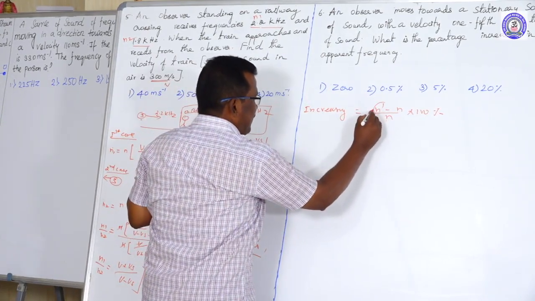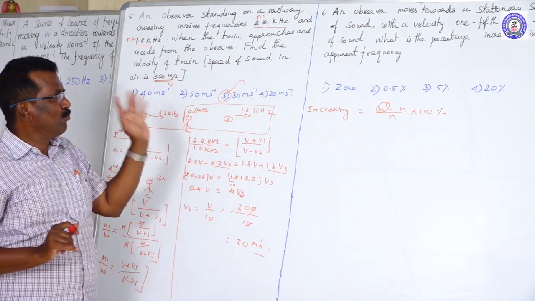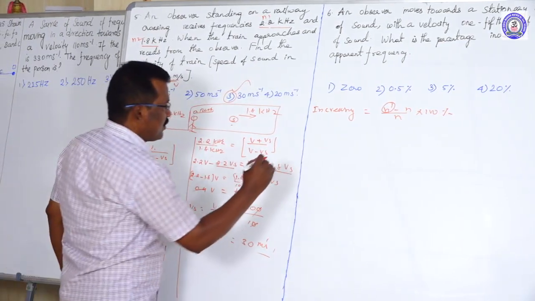First you calculate n prime. What is n prime? In this situation, the observer moves towards a stationary source.